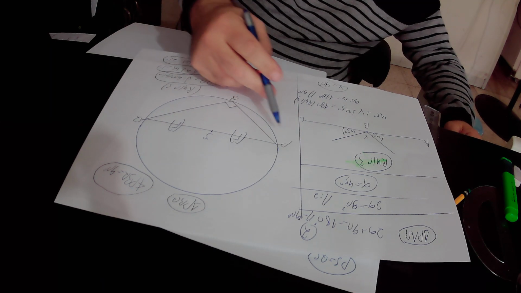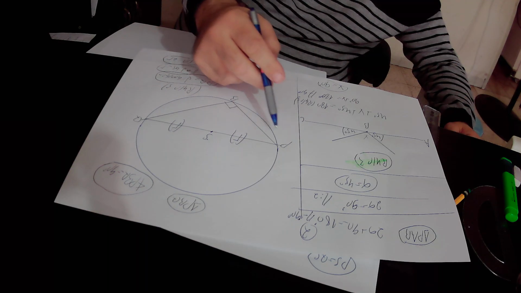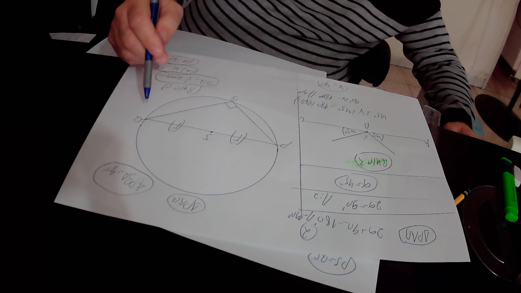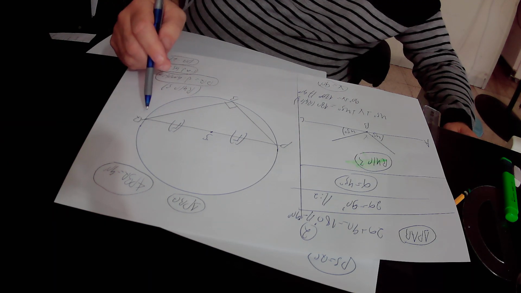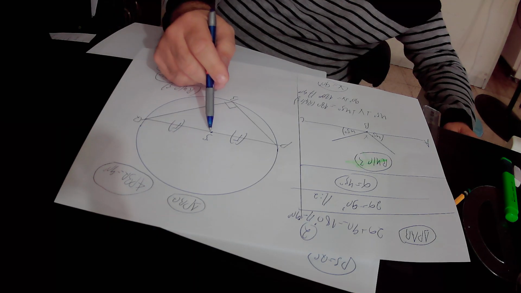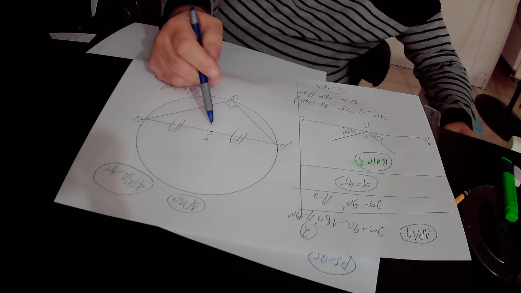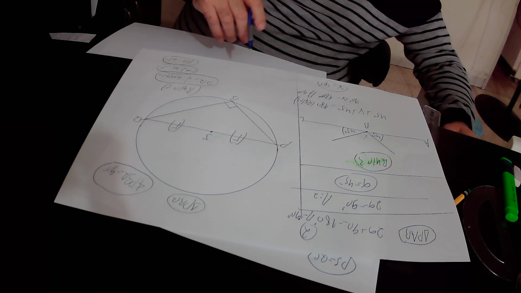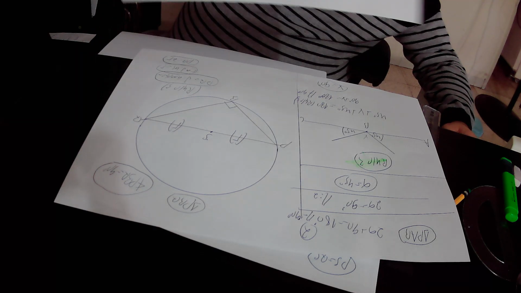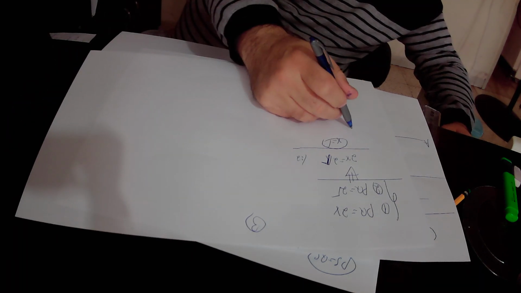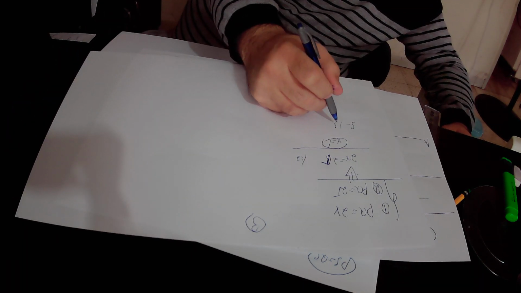Why? Because the radius PS starts from point P and ends at point S, and the radius QS starts from point Q and ends at point S. So those two radii touch each other at point S. Therefore, point S is the center of this circle. So you can write down here that point S is the center of the circle.